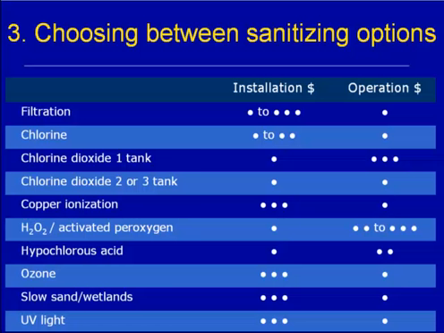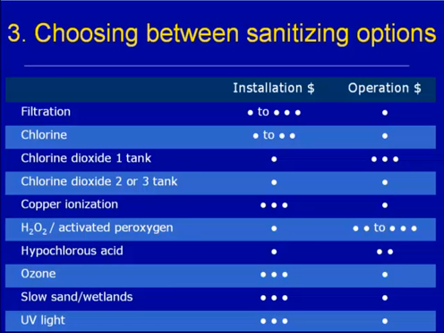So the cost of filtration varies depending on how fine a filtration you want to go to. Typically, we're talking about disc or media filters that are taking out the chunks of organic material. But this can go all the way through to reverse osmosis, which are fine enough to be removing pathogen spores.